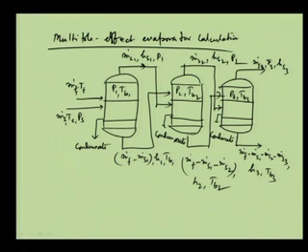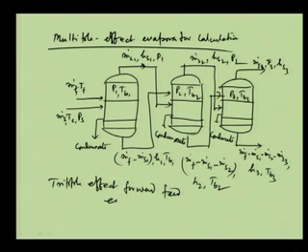So, steam is coming, and this is the condensate. So, this is the typical diagram of a triple effect forward feed evaporator system.